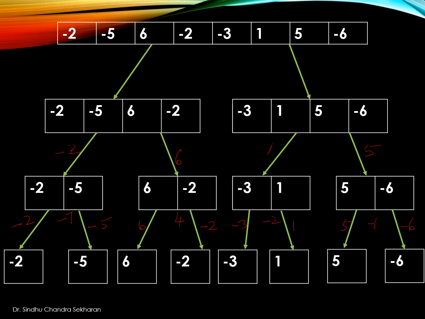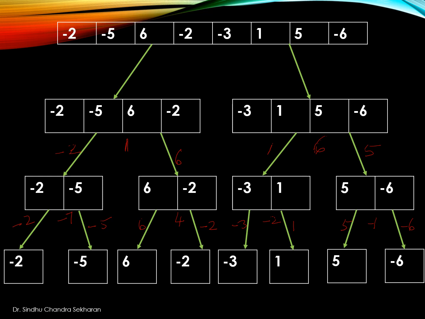When I add these two, I get 1. If I add any more values, it is only going to reduce the crossing subarray sum. So here I'm going to add the mid elements, which is 6. If I add minus 3 or minus 6, it's only going to reduce it.